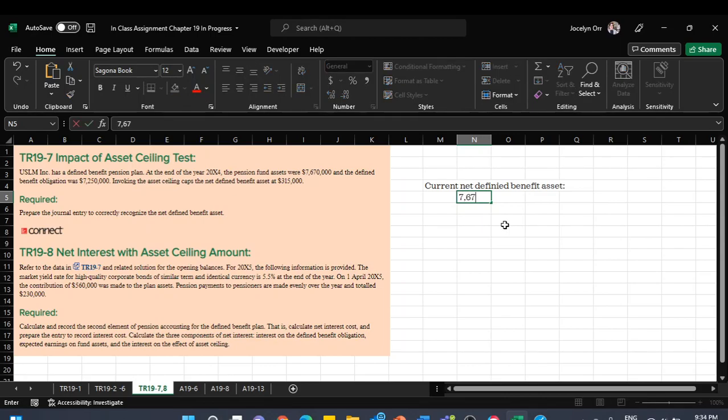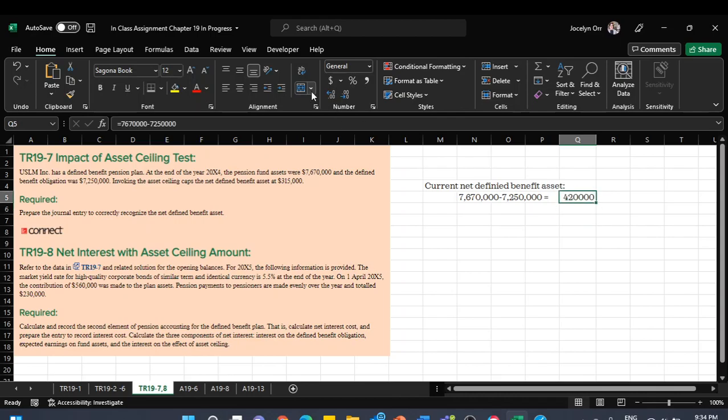Okay, so $7,670,000 is our asset, and we're going to subtract from that $7,250,000 being our obligation. And when we do that, we get an amount of $420,000, which is our current net defined benefit asset.